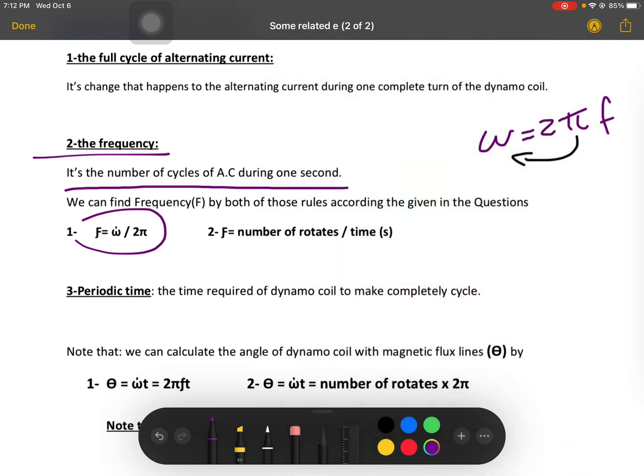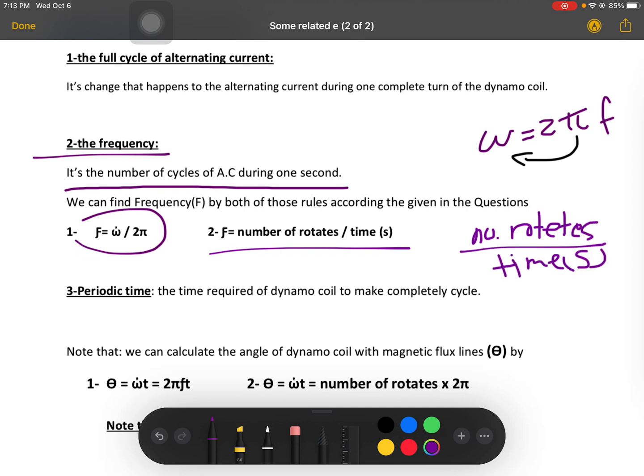The other rule is the number of rotations over time in seconds. Make sure that you use seconds as the unit of time, not minutes or hours.